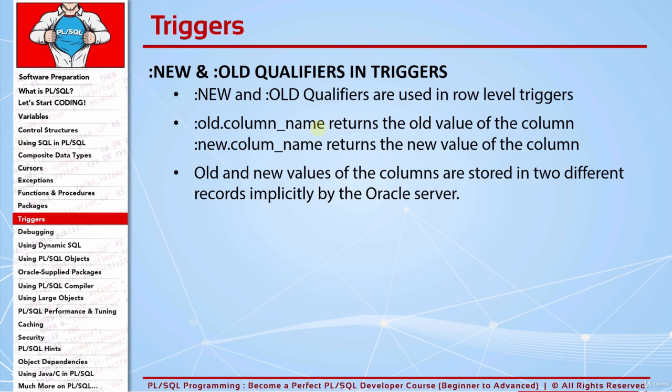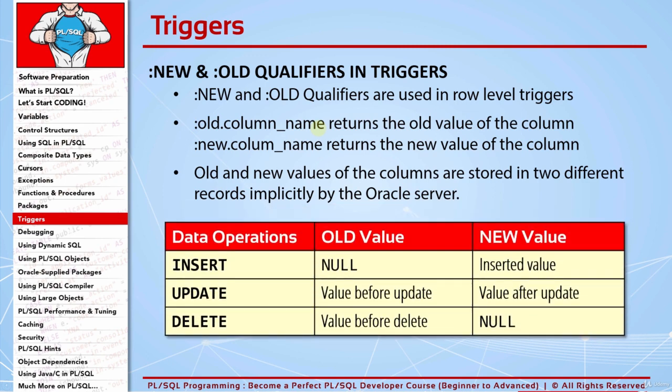However, you cannot reach the old and new values every time. As you can see in the table here, if a row is inserted to a table or view, the old values are null, because since this is an insert, there is no old value. But if it is an update, that means we change the value of an existing row, so this row has its old status in a record and the new status in another record.